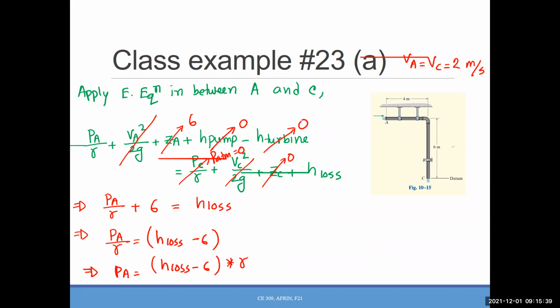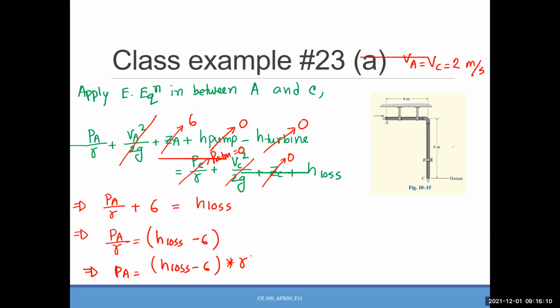Okay, so that is the equation for P_A, right? Now here we can find the gamma value because density is given, so we can calculate the gamma value, but we don't know the head loss value, right? So we need to calculate the head loss right now, and that is the next step. Okay, so let's do that.